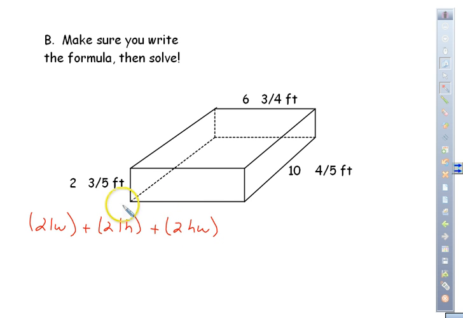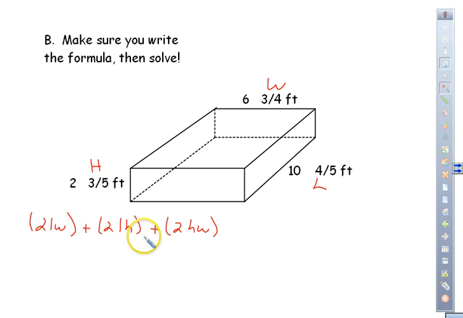And now you're going to label all of these. My length is going to be my 10 4/5. My width is going to be the 6 3/4, and my height, with how tall it is, the 2 3/5.